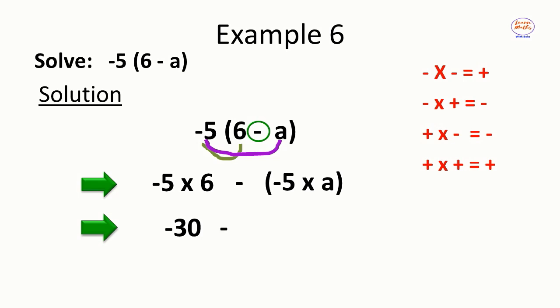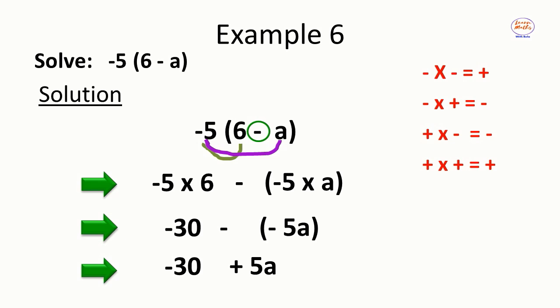Then we have the minus sign comes down, then you have minus 5 times a, which will give us minus 5a. So then we go on to write minus 30, then you have the minus times minus, and when you look at the screen, the minus times minus sign will give you addition. So when you have the subtraction sign and you are multiplying it by a number that has the subtraction sign, then it becomes addition. So we have plus 5a.